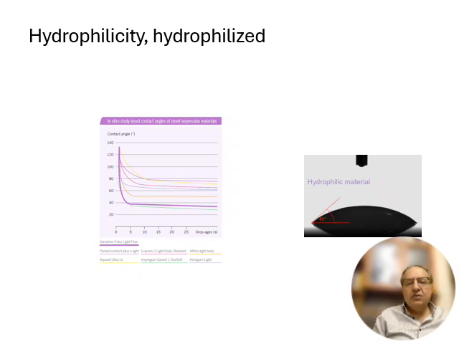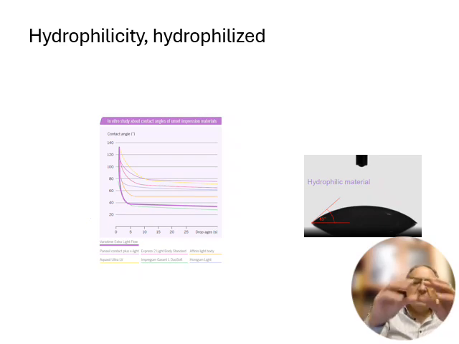In order to understand what hydrophilic or hydrophobic means, imagine that we have a surface and we are not sure whether it likes water or not. If you place a droplet of water over this surface, and the droplet becomes like a dome, we measure the angle, which we call the contact angle. If it's around 90 degrees, this means that water hates this surface and the surface is hydrophobic.